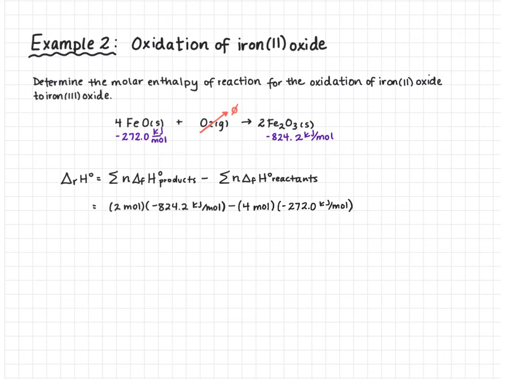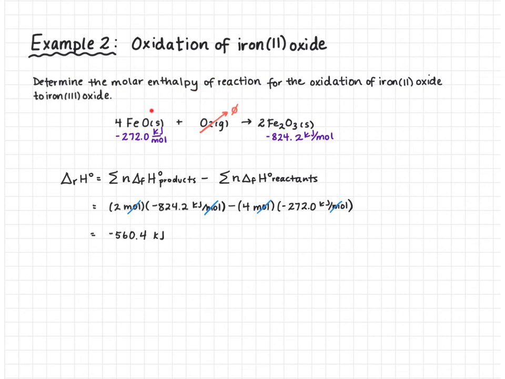We can double check our units here: moles will cancel with moles, leaving us just with kilojoules. And so we're going to get negative 560.4 kilojoules.